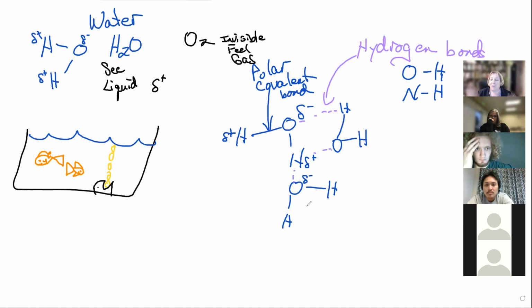But the married couple are still a married couple, even though they're holding hands briefly with other dancers. Does that kind of make sense? So hydrogen bonds are other people in the dance. Covalent bonds are you're married and you're sharing resources. You're legally sharing those electrons.